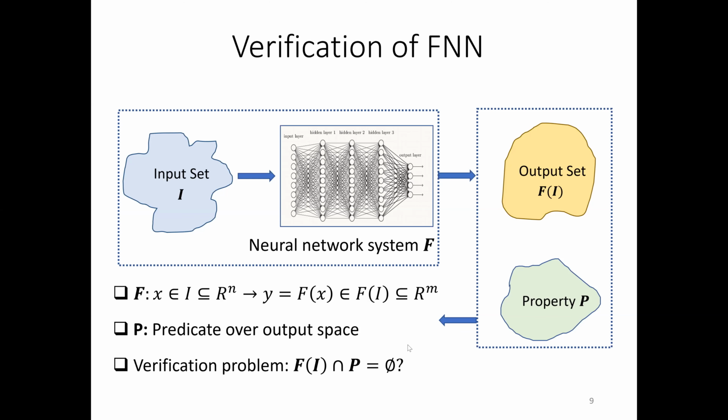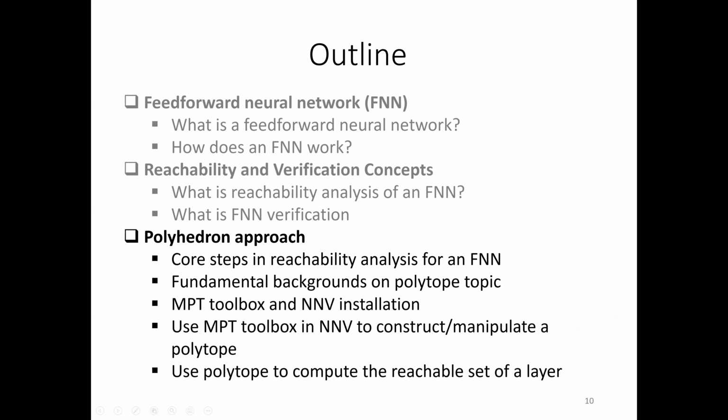Okay, thank you for the questions. Now we understand how the feedforward neural network works, what the reachability problem is, and what the verification problem of a feedforward neural network is. Now I'm going to introduce the first approach, the polyhedron approach, and show you the core steps you need to use to compute the reachable set of a feedforward neural network.